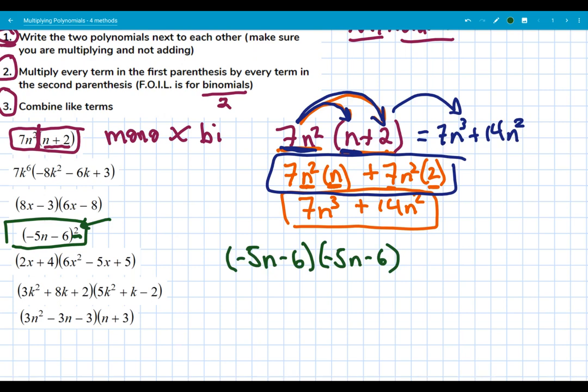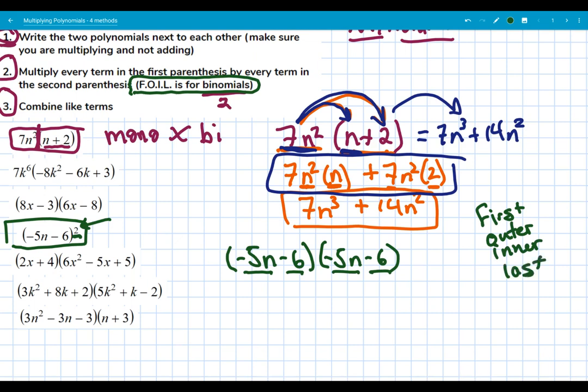All right. I now have this binomial, these 2 people meeting these 2 people. So remember where I said up here at the top, FOIL is for binomials. I'm circling it right now. FOIL stands for 4 words: first, outer, inner, and last.